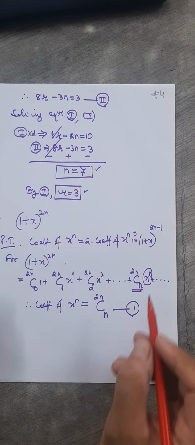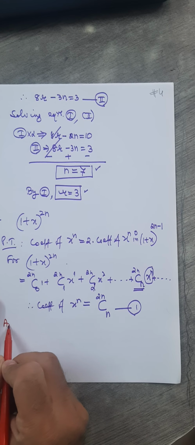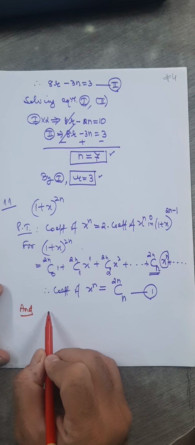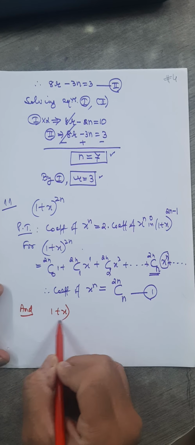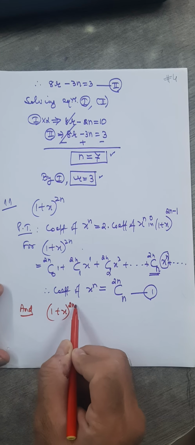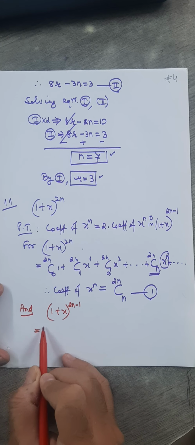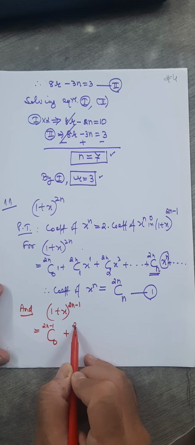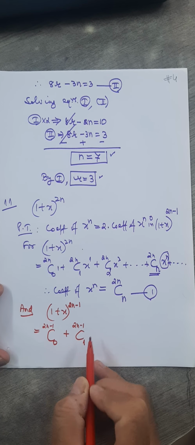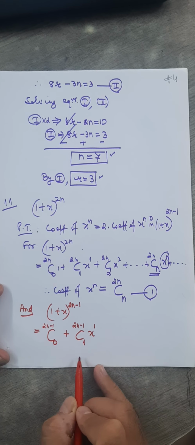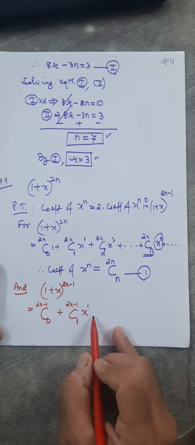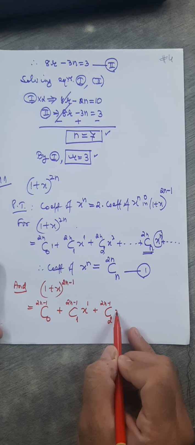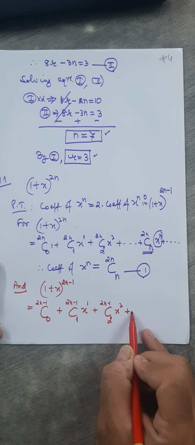Now the other expression, which is (1 plus x) the whole raised to 2n minus 1. Now let's expand this. 2n minus 1 c0 into 1, 2n minus 1 c1 into x raised to 1, then 2n minus 1 c2 into x square, and so on.